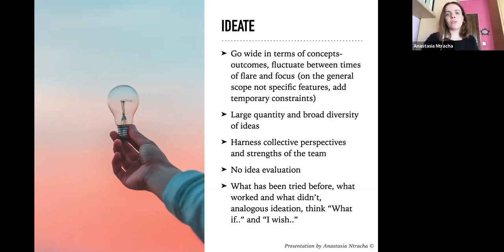What if this family is a family of hearing impaired parents? How would that work? And we started brainstorming on that. So that's adding temporary constraints and giving you a little bit of focus so you don't lose yourself in the chaos. Again, this is a process that has to be done with the whole team to have a broader perspective.